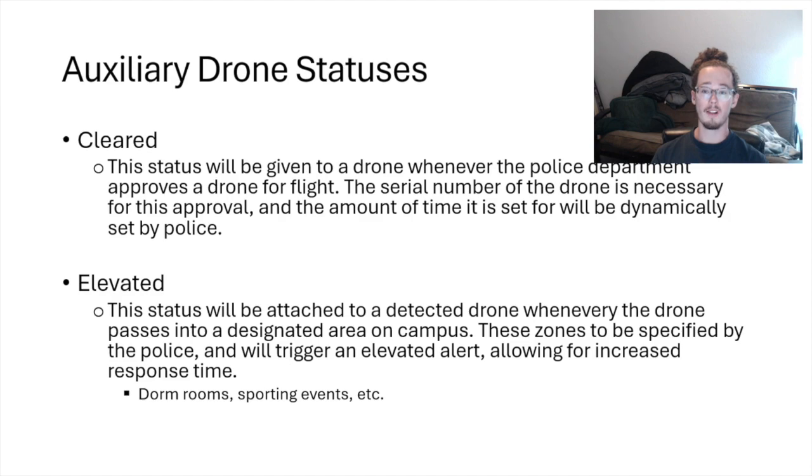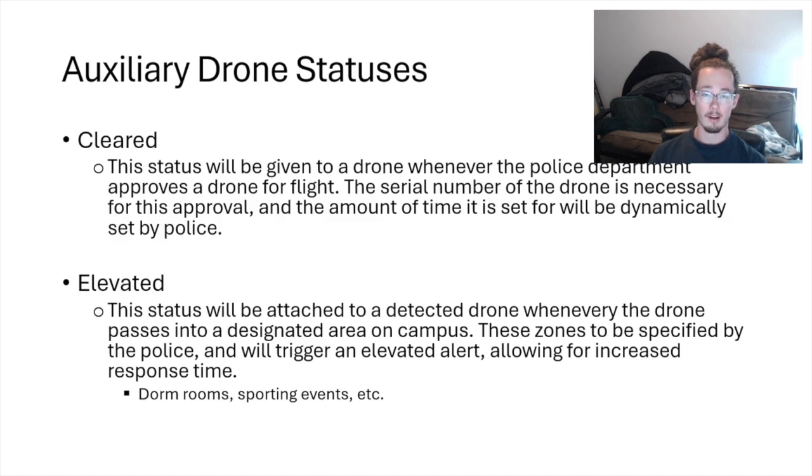So our system will allow the campus police to go in and select certain areas as special high priority areas, like dorm rooms, sporting events. And what that means is that if a drone flies through that area, it will issue a higher priority alert, and it'll show up top of the list, in a different color on the map.